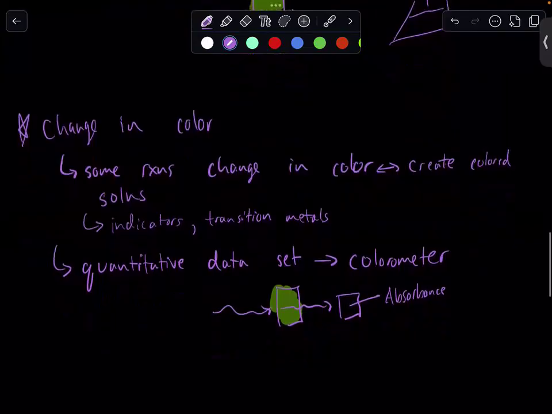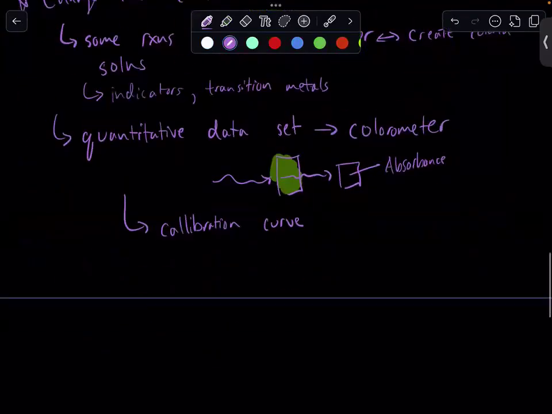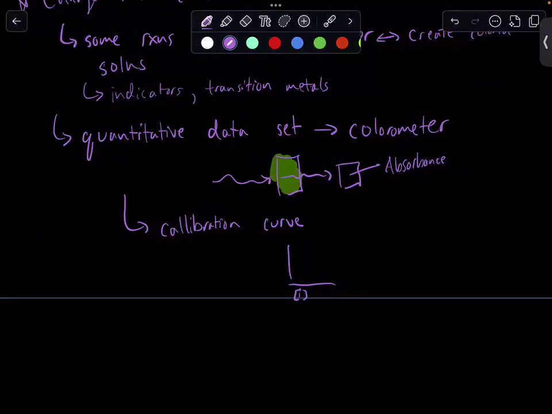And so what you can do is create what's called a calibration curve, where you make set solutions of specific concentrations. So concentration 1, concentration 2, concentration 3, and you plot that concentration versus absorbance.